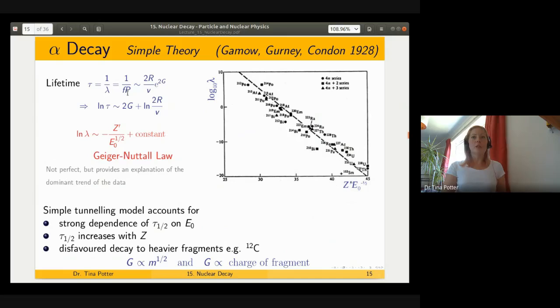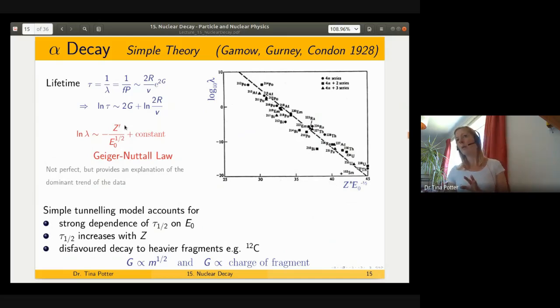If we take the log of both sides, we can quite easily see that the log of the decay rate goes as the charge of the daughter nucleus over the square root of the energy released.